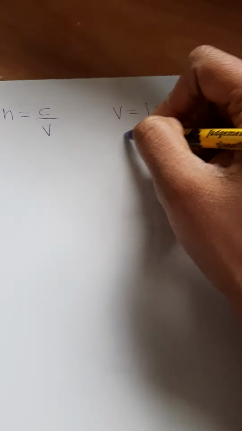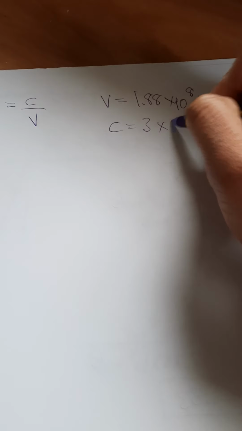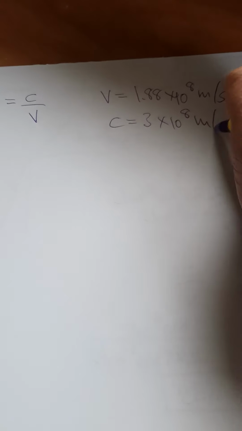Again, I'm going to put N equals C over V. This is a second medium, so it's going to be 1.88 times 10 to the power of 8 meters per second. And I know the value of C in air is 3 times 10 to the 8 meters per second.